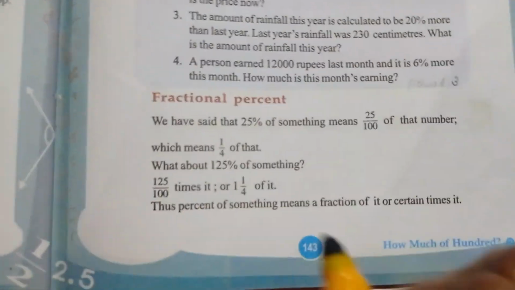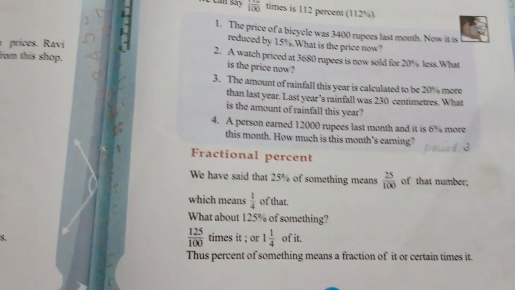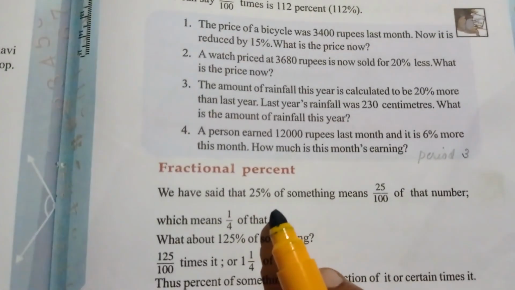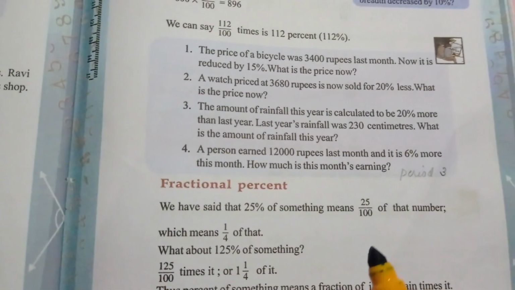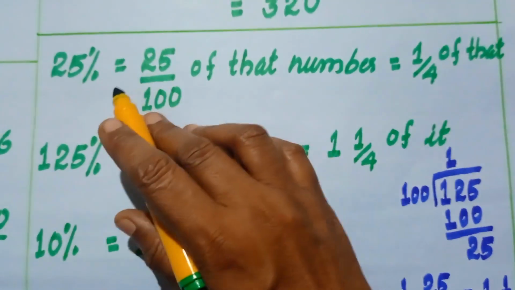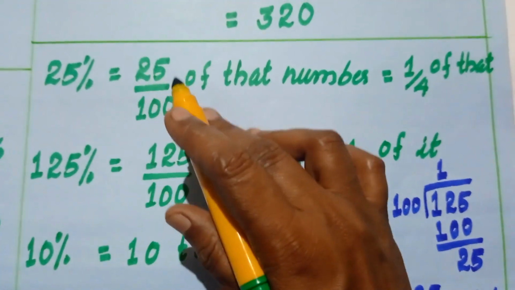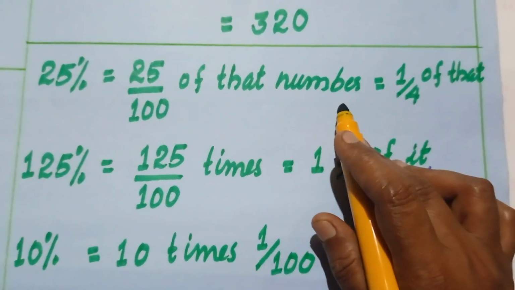Okay. Next is fractional percent. We have said that 25% of something means 25 by 100 part of that number.